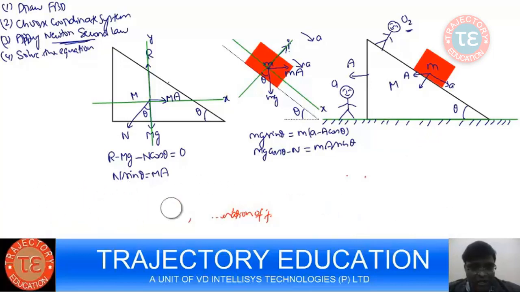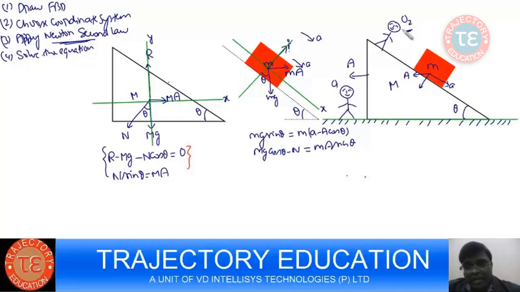You need Newton's second law. I can use Newton's second law and correlate the observation made by O2, and that we can do by, see, in this case, according to O2, the wedge is in equilibrium. So see, this is the equation I wrote as per O1, right? Now I write the equation of motion as per O2.